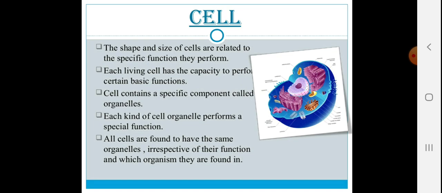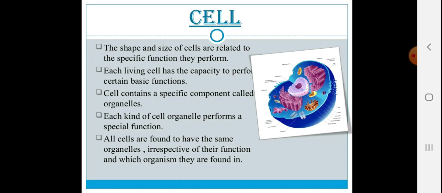The shape and size of cells are related to the specific function they perform. Each living cell has the capacity to perform certain basic functions. Suppose a nerve cell is mainly working for message transfer from one organ to another organ, or from an organ to the brain, or from the brain to the muscle cell.